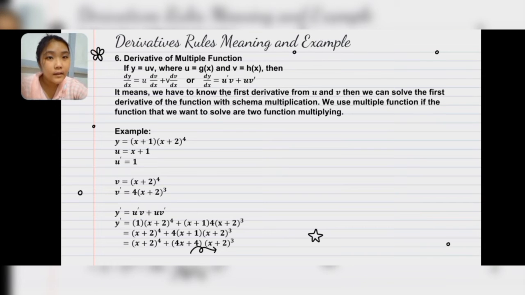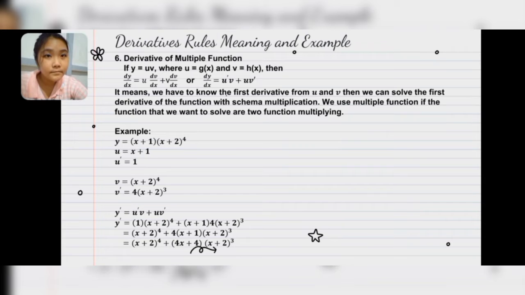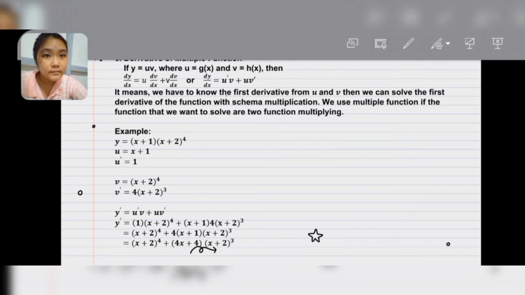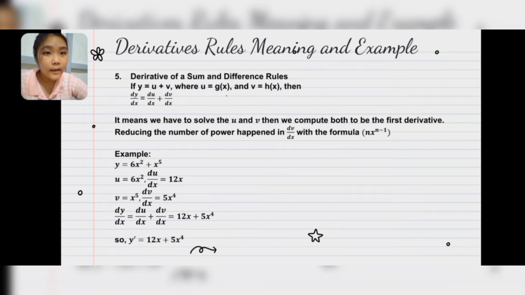Okay, next, number 5, derivative of a sum and difference rules. If y equals u plus v, where u equals g of x and v equals h of x, then the formula that appears is dy per dx equals du per dx plus dv per dx.